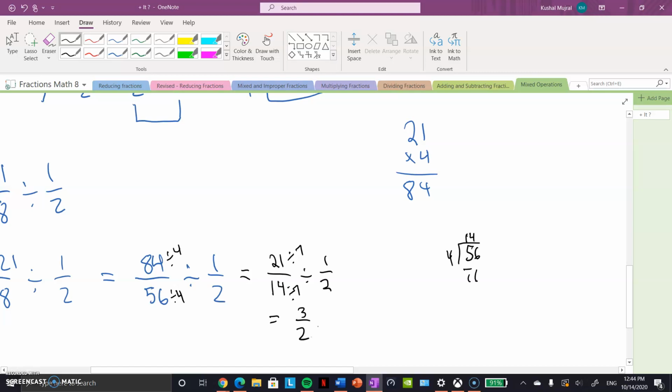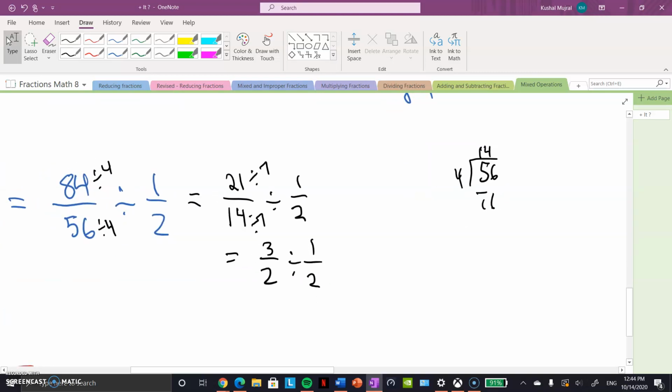So it's 3 over 2 divided by 1 over 2. And then you can either just take these and make it 3 over 1, or what you can do here is just multiply by the reciprocal, times 2 over 1 on both sides. This cancels, and this becomes 2 over 1 times 3 over 2, which is 6 over 2, which is 3.